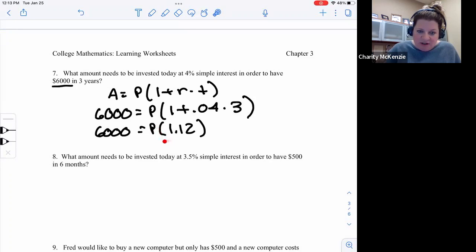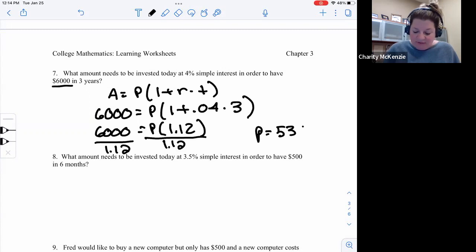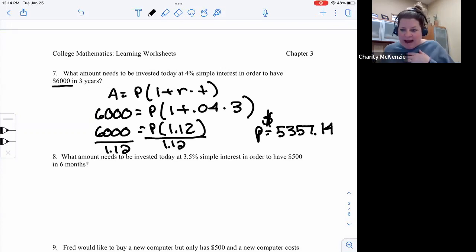So I need to divide by 1.12. So 6,000 divided by 1.12 is 5,357.14. So our principal amount would be $5,357.14. I have to have that much money right now to put into this account to have 6,000 in 3 years.